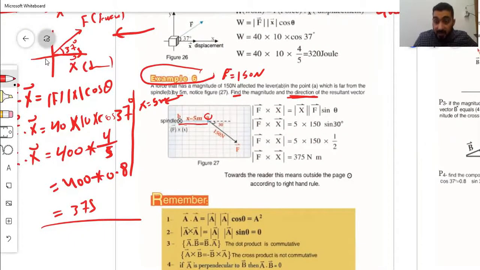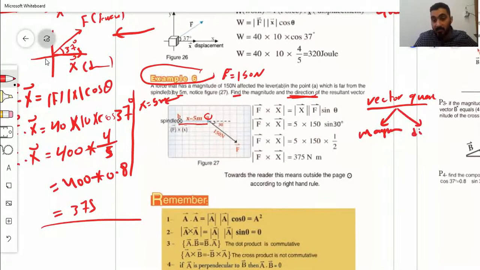If he says the direction, that means the resultant of multiplication of vector F by vector X must be a vector quantity, because he needs the direction. We know that a vector quantity has magnitude and direction.